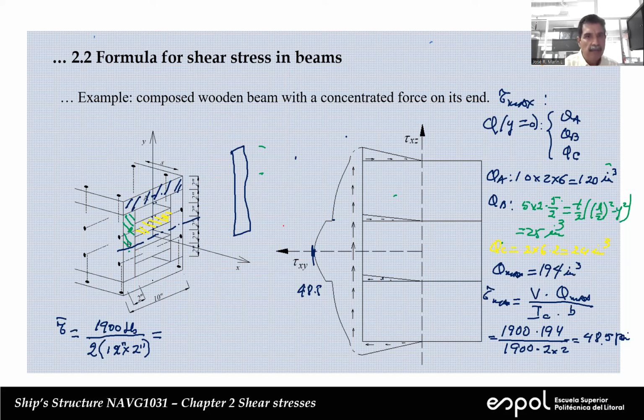Oh, it's 14. So I have this and a space, this and a space, and this. So I have 3 boards and 2 spaces. 1, 2, 3, 4, 5, 6, 7. That's correct. It's 14, including the corners.